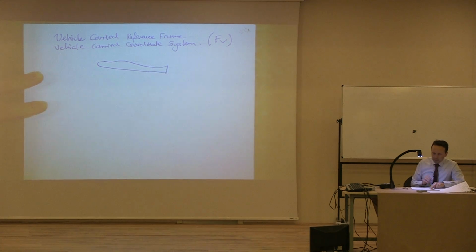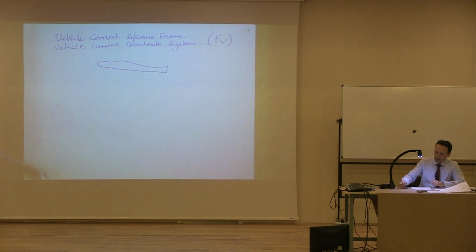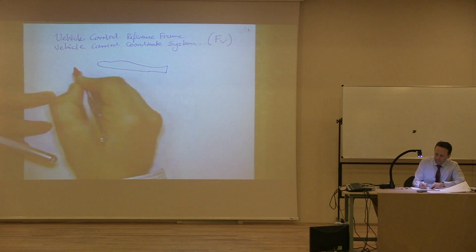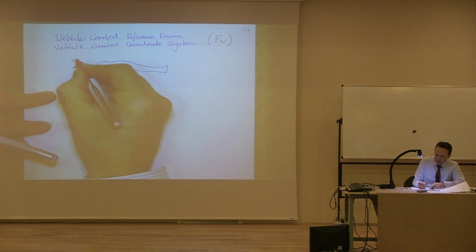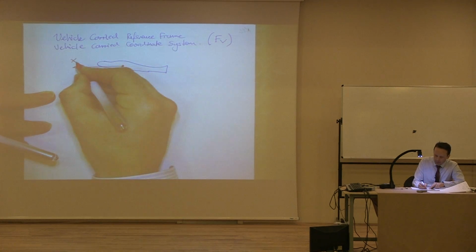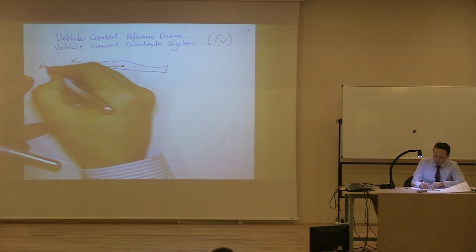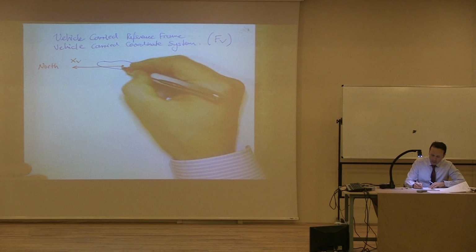This is my airplane, okay. XV, this is the x-axis that is attached to the vehicle carried coordinate system, will always point to the north, not towards the north of the airplane, will always point towards north, okay?